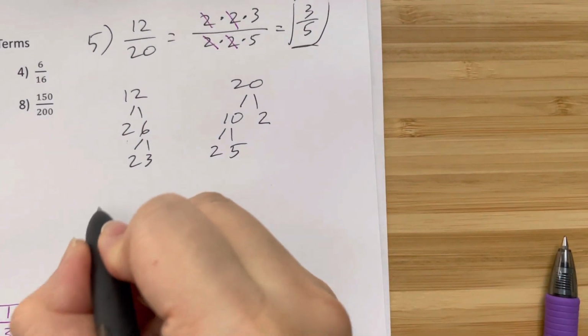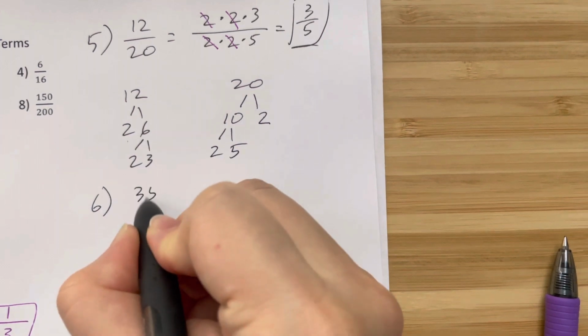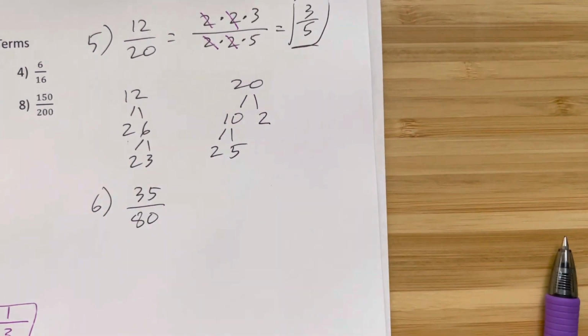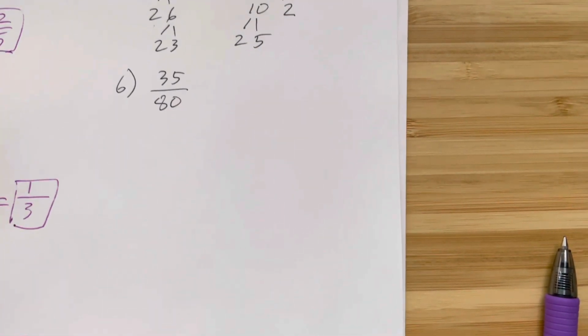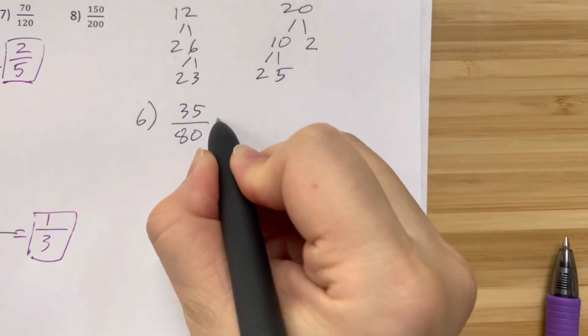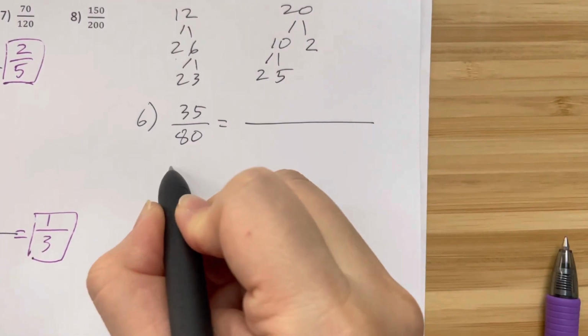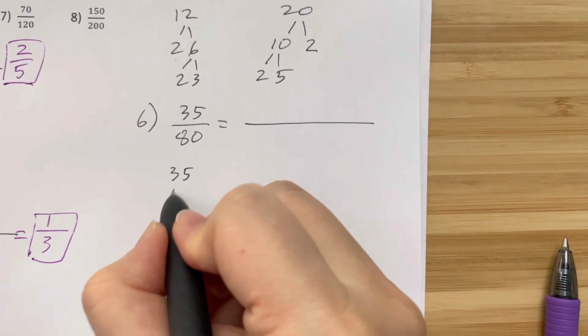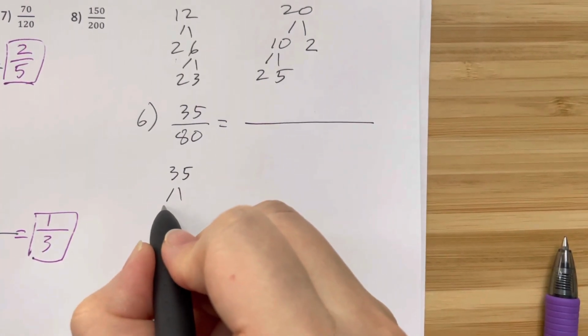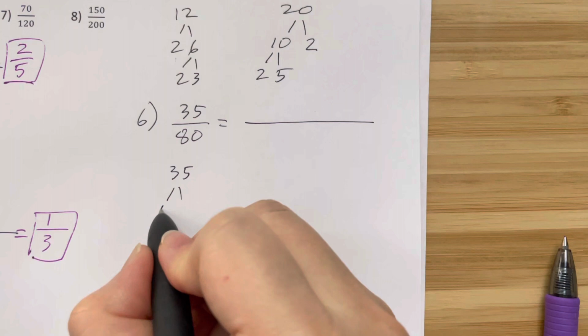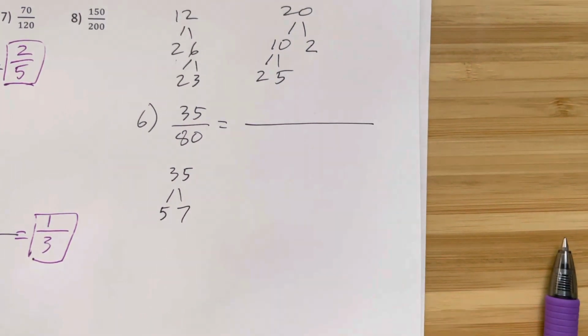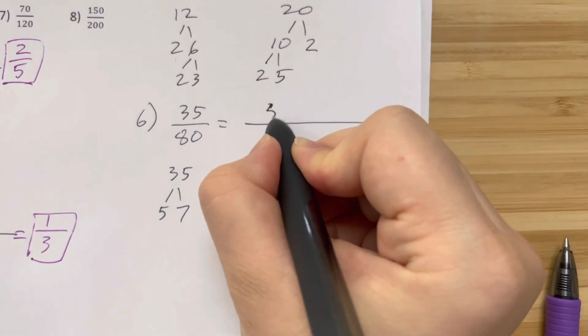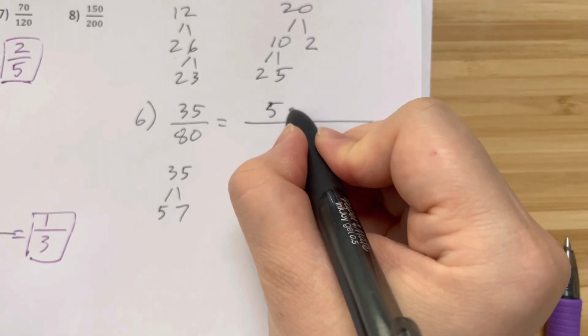Number 6, we have 35 over 80. So our numbers are getting a little larger now. We have a 35, which is a 5 and a 7. I keep wanting to write 3.